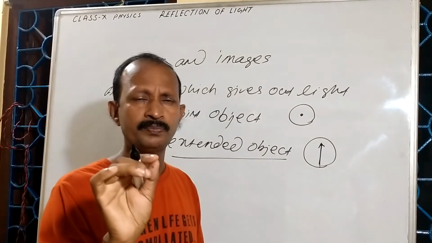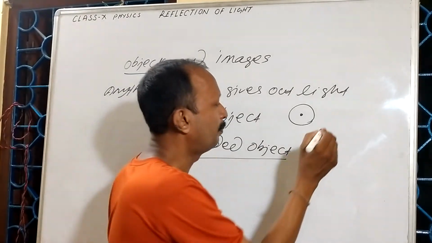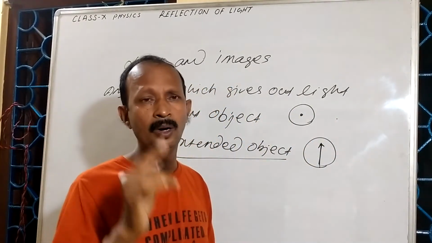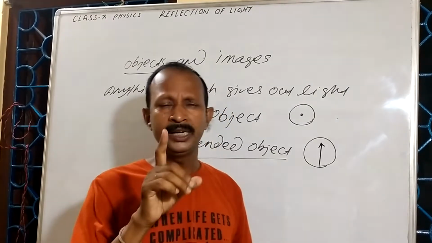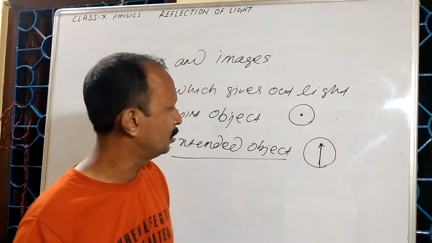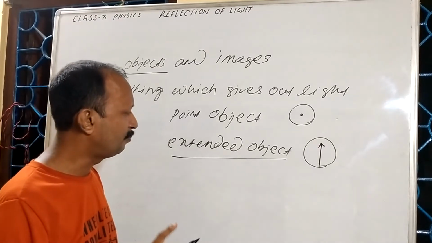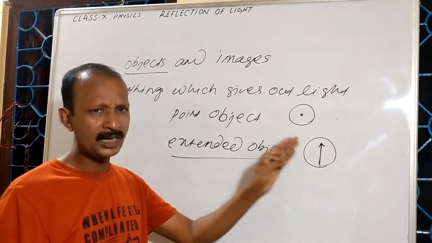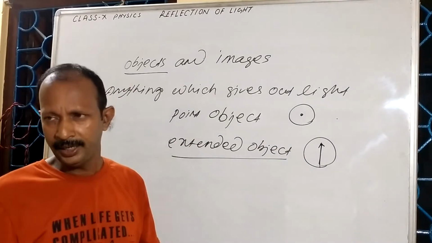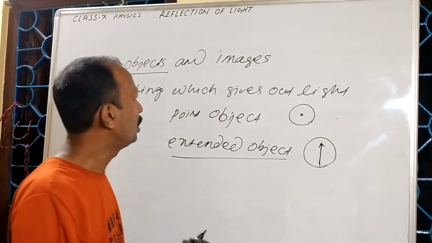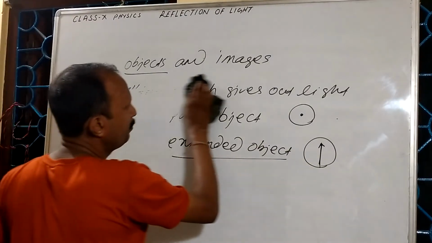How small or big does not matter. It is the point object. So throughout the topic, we use two types of object: the point object and the extended or enlarged object. Clear? So this is about the objects.